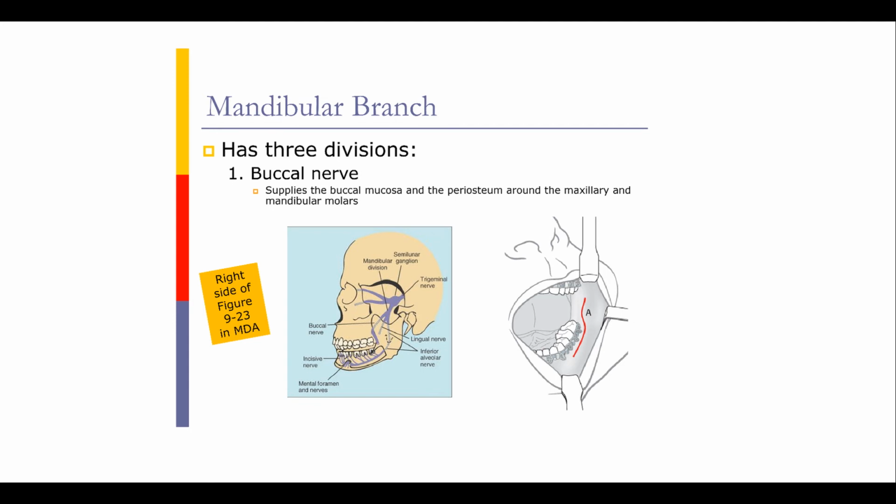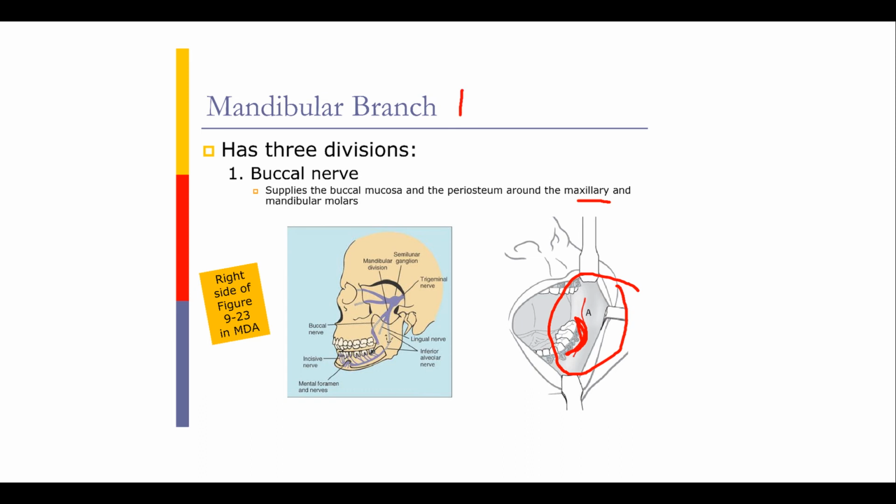The buccal nerve, as you know what the term buccal means, buccal is on the outside, so you can see in this drawing here, the buccal nerve is going to provide sensation to the outside of the lower anterior teeth. So it supplies the buccal mucosa and the periosteum of, now notice this says maxillary and mandibular molars. Now this is kind of a weird anomaly.